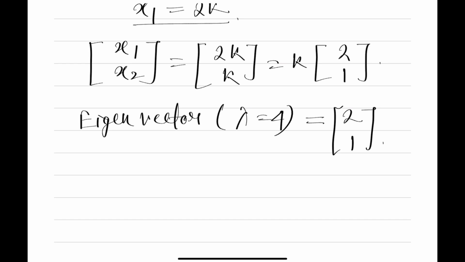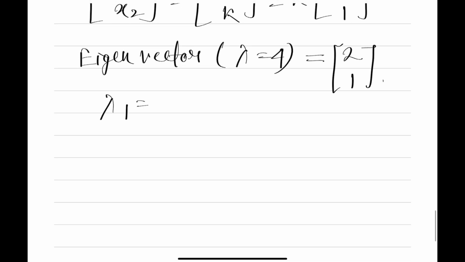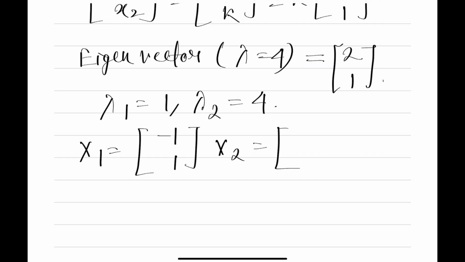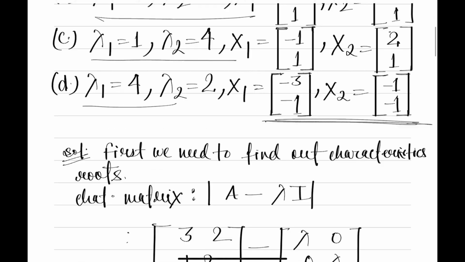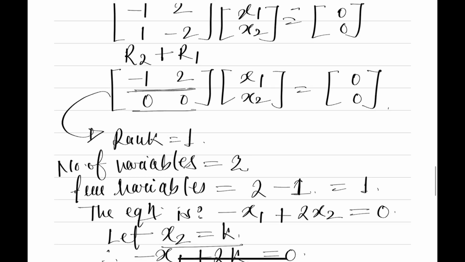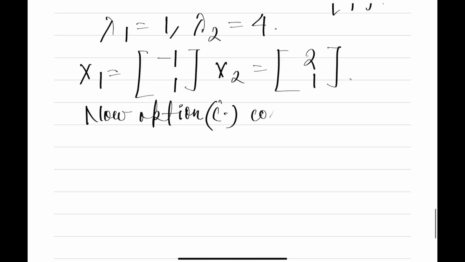So finally we have lambda 1 is equal to 1 and lambda 2 is equal to 4, and x1, which is the eigenvector, is [minus 1; 1], and x2 will be [2; 1]. So option C is correct.